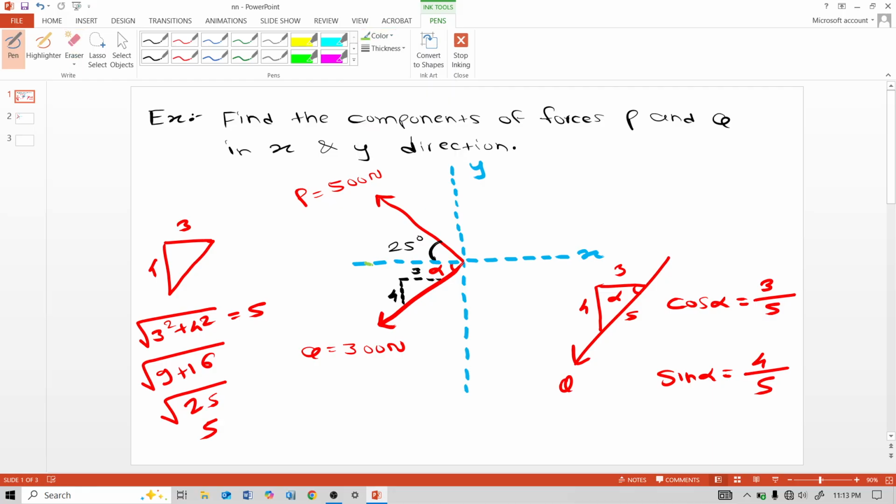This P force will resolve like this and like this. What I told you about perpendicular components is that whenever the angle is near to that component, then always cos will come, P cos 25-degree, and here it will be P sin 25-degree.